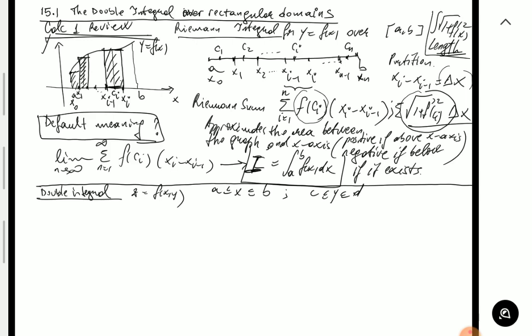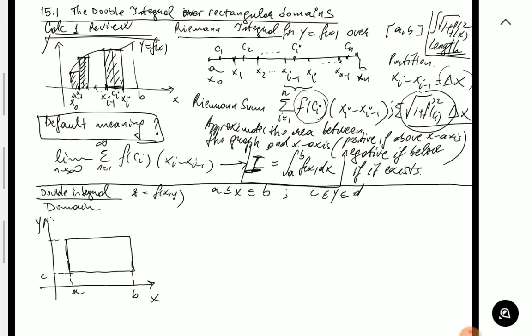So if I were to sketch just the domain of this function, and again, just for simplicity, I'm going to show it in the positive region. Just for simplicity, it doesn't have to be there, obviously. So rectangle domain means that x varies between two constants a and b, and y between c and d.